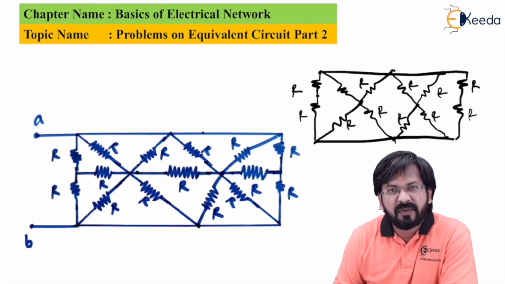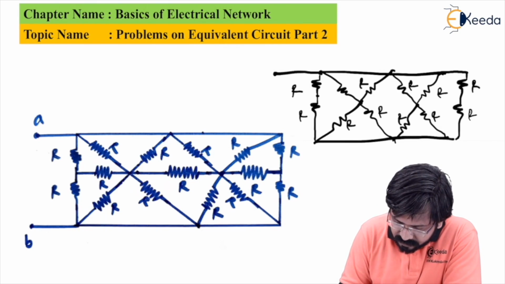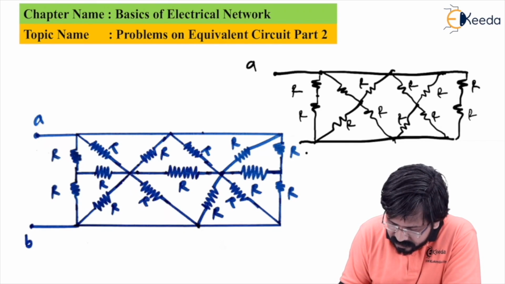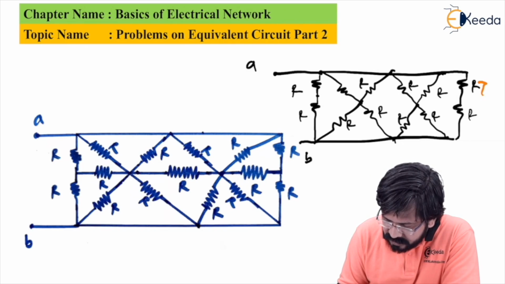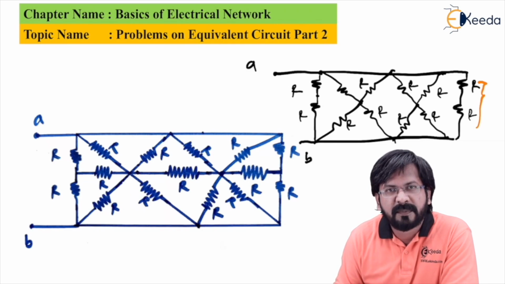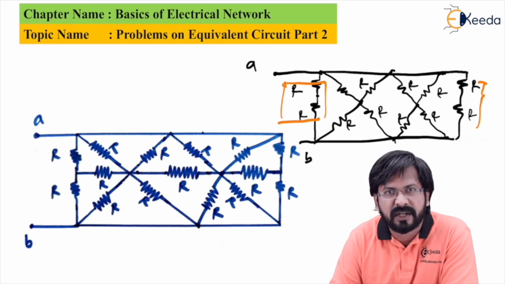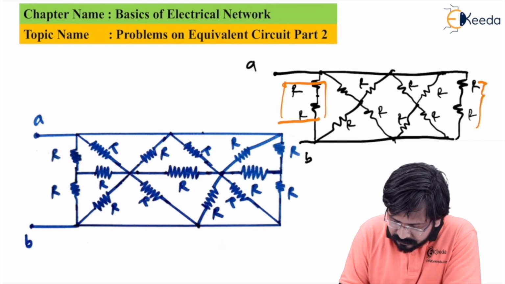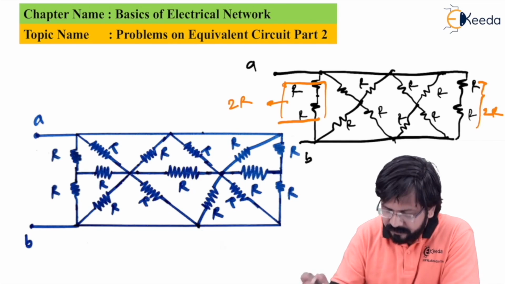Now this is an equivalent circuit between two points which are A and B. This is point A and this is point B. As you can see clearly, these two resistances are connected in series. So R plus R will become 2R, whereas these two resistances are also connected in series, becoming 2R. So this is 2R, this is also 2R.